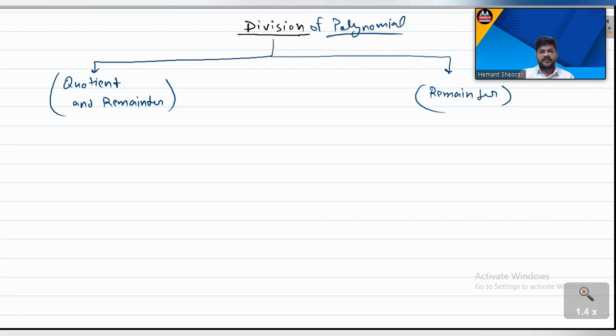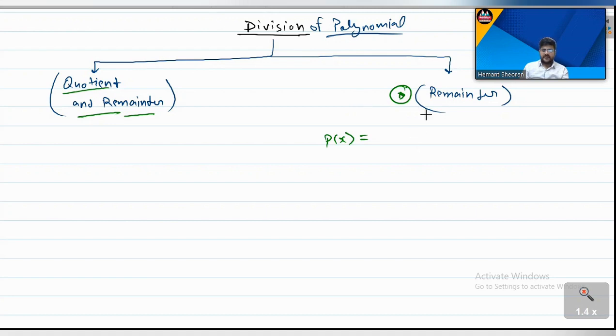So for the first category, we just discussed how to do the whole division part and how you obtain a remainder, yes or no? And the quotient as well. But for the second type, let's write down the question again, like the previous question we just discussed. We have a polynomial p(x) that is the dividend.